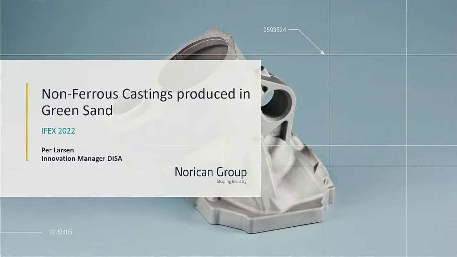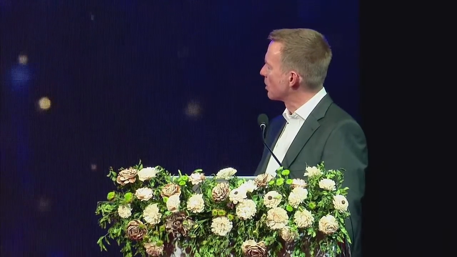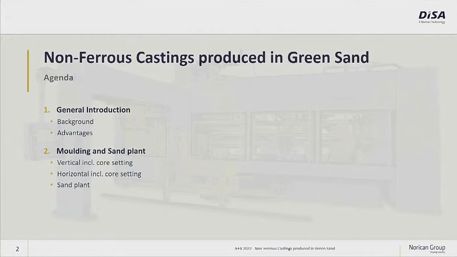The topic for today is non-ferrous castings produced in green sand. And today we will talk about aluminum castings and brass and bronze castings produced in green sand. We have produced a small agenda for today. First, we will start with a short introduction. Then we will say a few things about molding and sand plants.